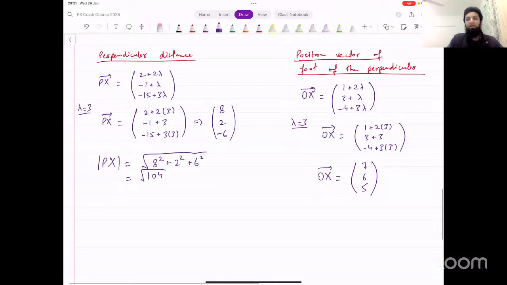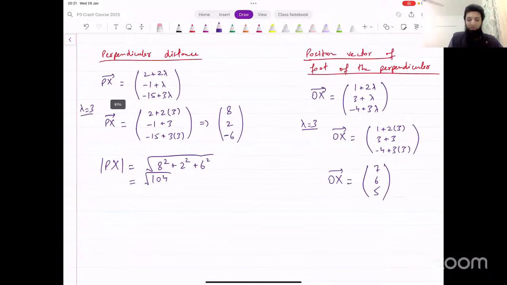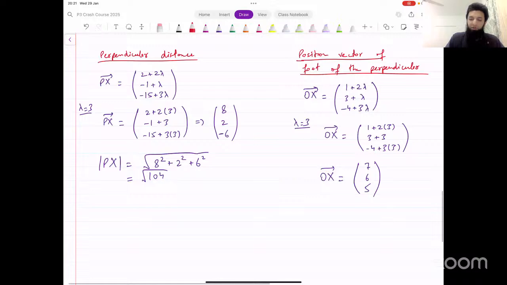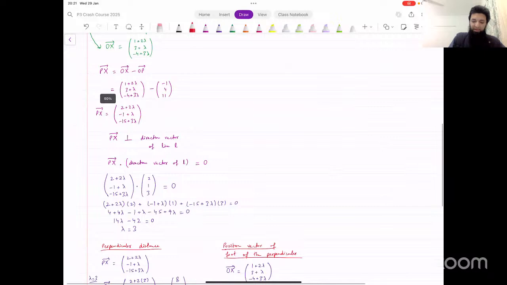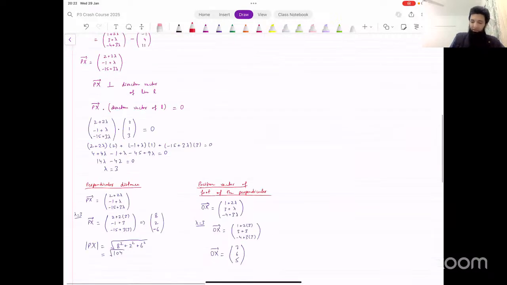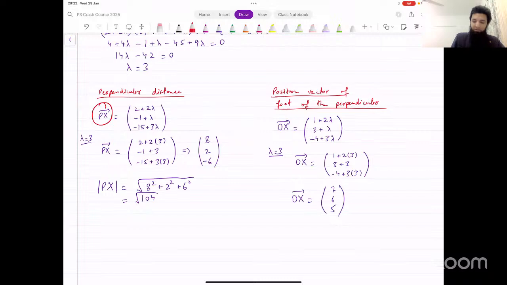They did not ask for the foot of the perpendicular in this particular question, but the rest of the process is exactly the same. Only at the end, instead of using PX, you use OX and input the value of lambda in that. So that's how this process works for both these types of questions. You can find the perpendicular distance between a point and a line, and you can find the foot of the perpendicular using this same method.